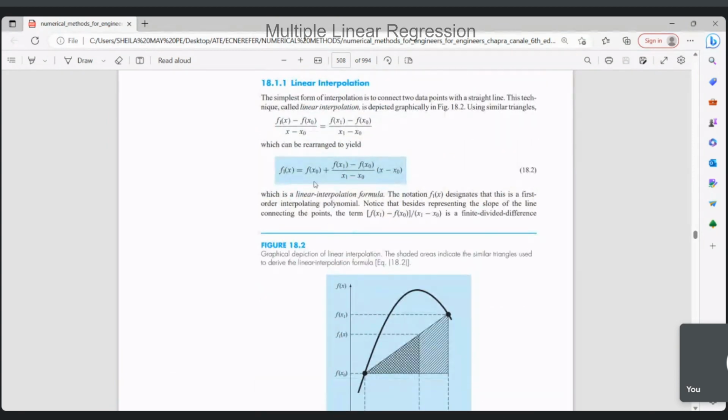And rearranging, we can have f1(x) equal to function of x sub 0 plus function of x sub 1 minus function of x sub 0, all over x1 minus x sub 0, multiplied by x minus x sub 0.